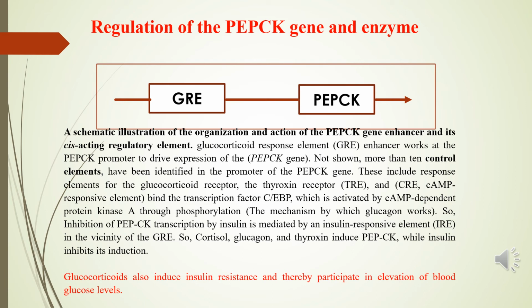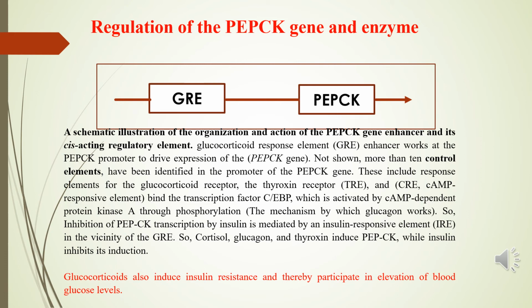which binds a transcription factor, the cyclic AMP response element binding protein, and these are activated by cyclic AMP dependent protein kinase, through protein kinase A, through phosphorylation. And this is the mechanism by which glucagon works during periods of fasting and prolonged starvation to induce the process of gluconeogenesis.